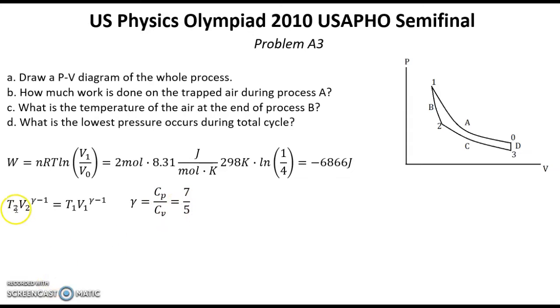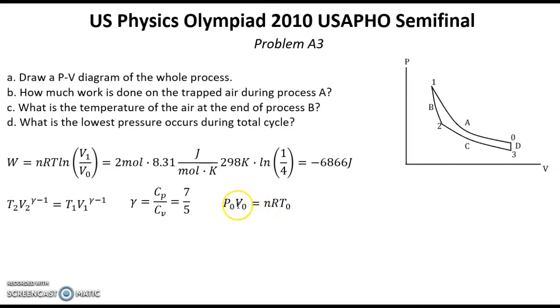And now we can find the temperature in point 2. We already know that V2 equals 15 liters, and we need to find V1, which is 4 times less than V0. But V0 we can find from the initial conditions. From the universal gas law, we have P0 V0 equals nRT0.